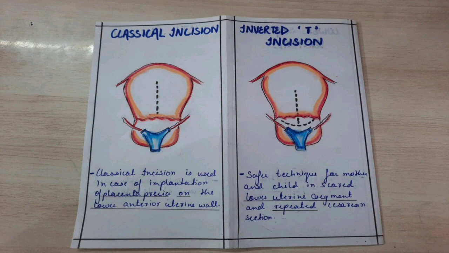Next is the classical incision. Classical incision is used in case of implantation of placenta previa on the lower anterior uterine wall. And the last one is the inverted T incision. It is a safer technique for mother and child in a scarred lower uterine segment. Like I have already told, if there is repeated caesarean section, then you could use this type of incision.